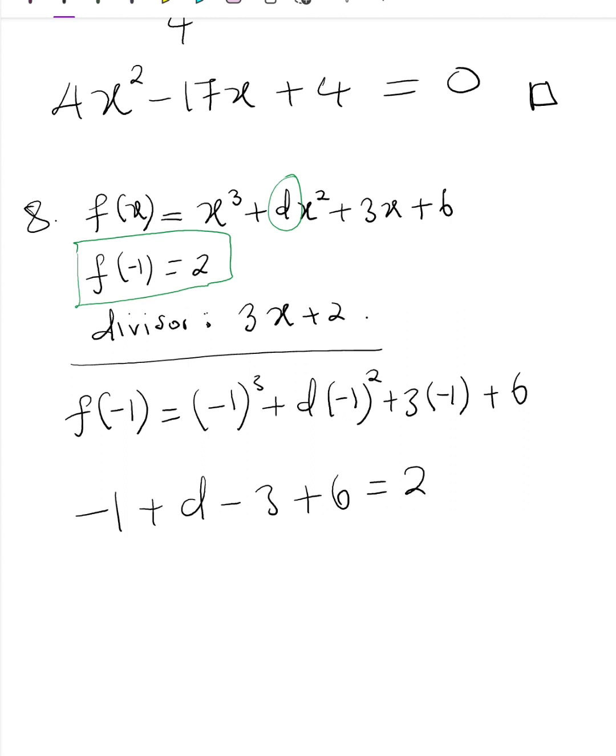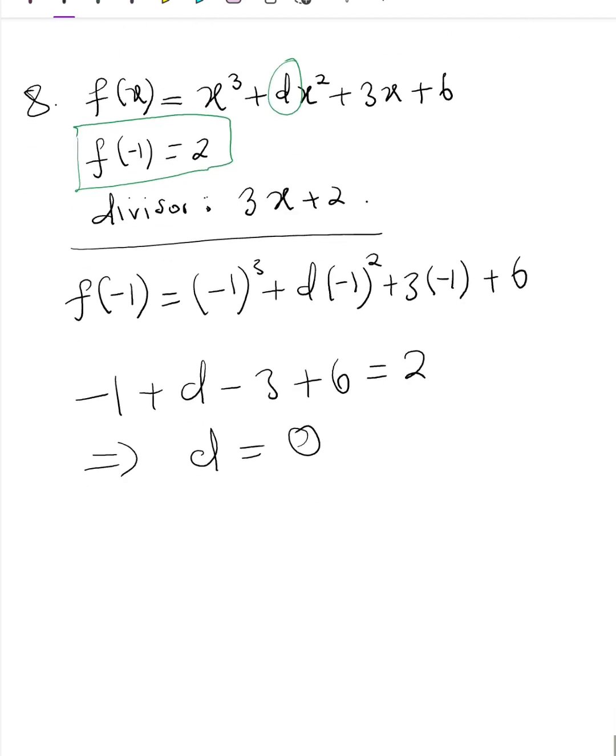If you solve this, you have d equal to 0. So I find d as 0, and our function is f of x equal to x power 3 plus 3x plus 6, because d is 0.